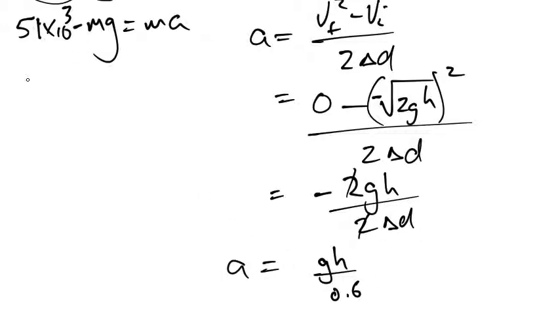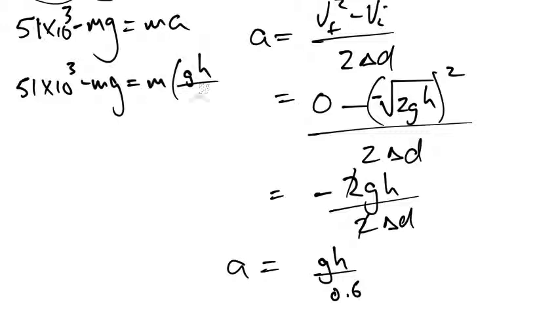Now, if we plug it back into here, we have 51 times 10 to the power of 3 minus mg equals m times gh all over 0.6. By the way, I made a little boo-boo here, and that is this delta d is actually equal to negative 0.6.